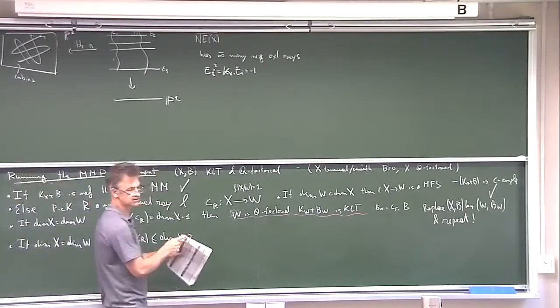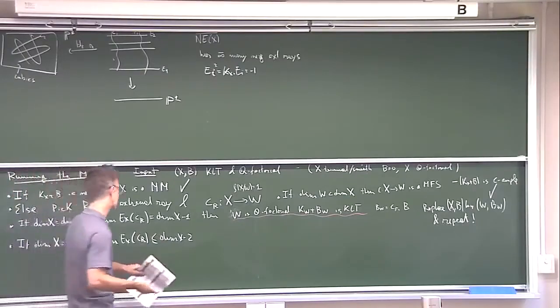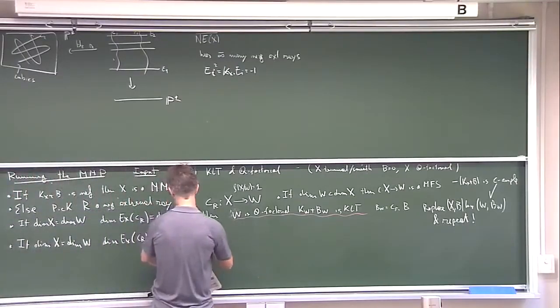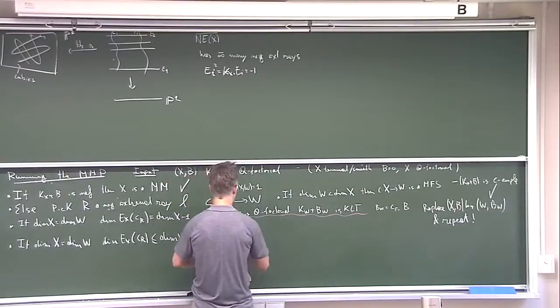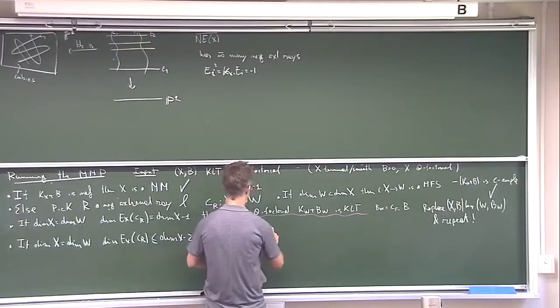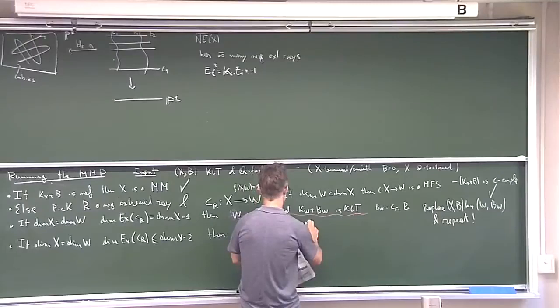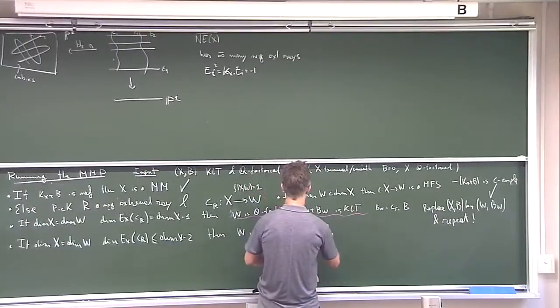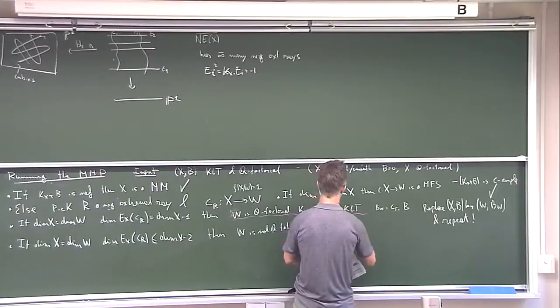What do we do in this case? Okay, so I'll write down some claims, and we're going to check the claims in a minute. So I'll underline them in pink, the stuff that is not justified in any way. Okay, but I claim that then W is not Q factorial. Even worse, KW plus BW is not Q Cartier or R Cartier.